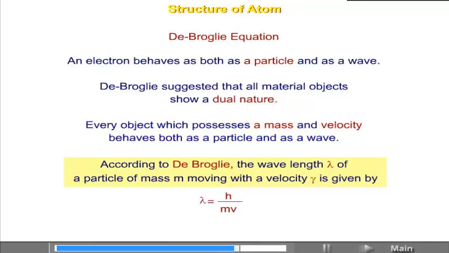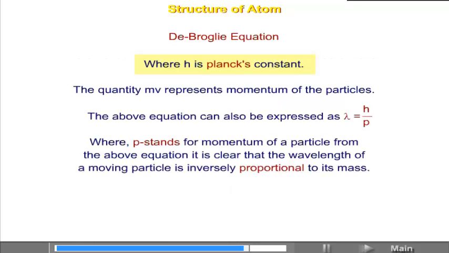According to de Broglie, the wavelength lambda of a particle of mass m moving with a velocity v is given by lambda is equal to h upon mv, where h is Planck's constant.